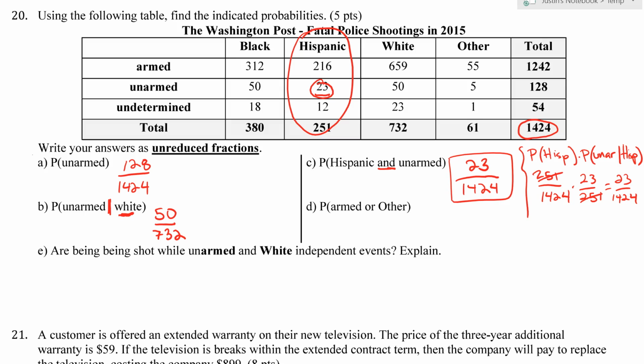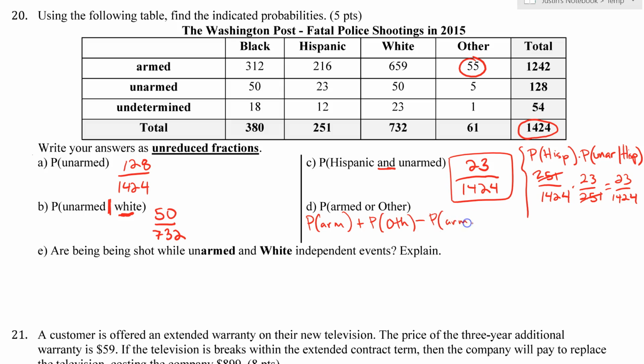Finally, we have armed or other. If we're looking at armed or other, there's lots of ways of doing this, but the easiest way is probably the addition rule. And if you recall what the addition rule tells us, it's the probability of the first plus the probability of the second. But because when we put those together, there's some overlap, specifically armed and other. There's 55 people that are in both groups. We have to not double count them, so we subtract them off.